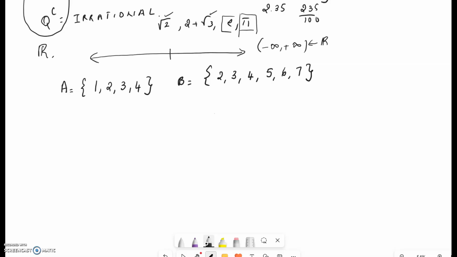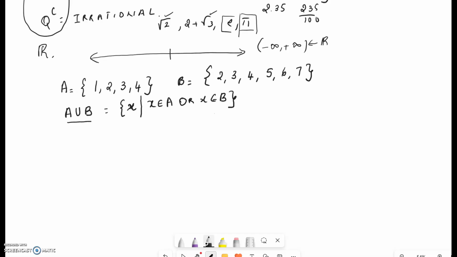Let's say I want to find A union B. What exactly does this mean? It means that it's the set of all numbers x such that x belongs to the set A or x belongs to the set B. So this is the mathematical notation for the set of all numbers x.